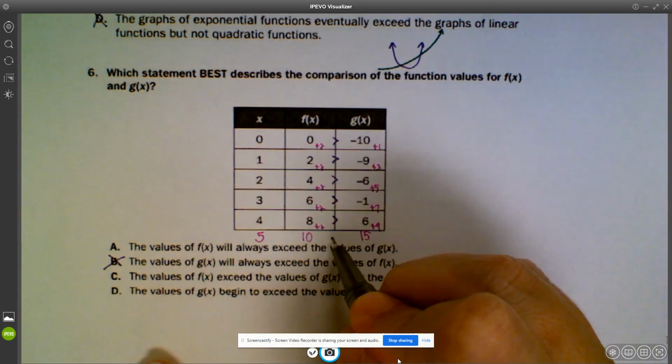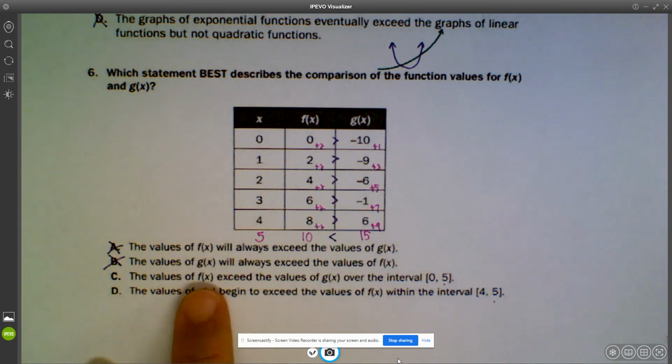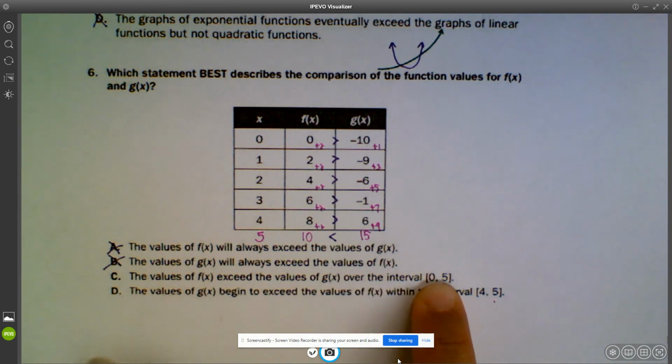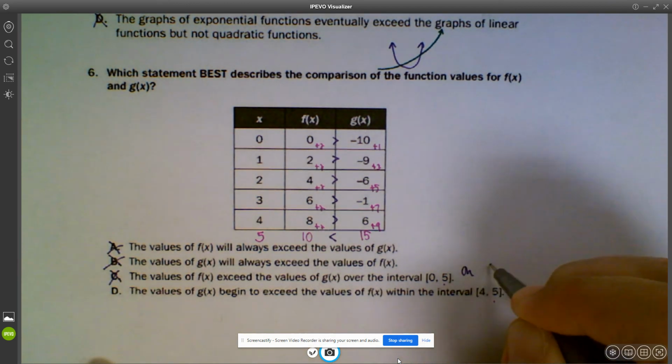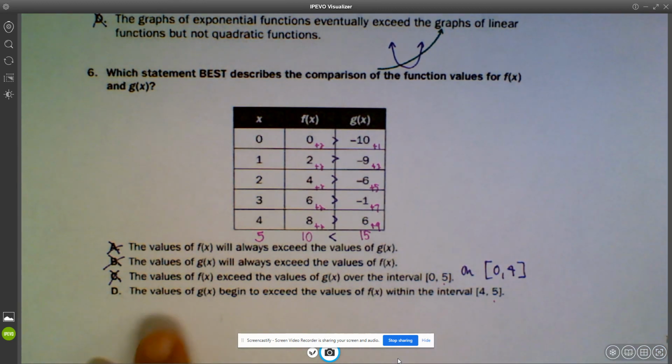When x equals 5, f of 5 is less than g of 5. So I think we can throw out this always now because of that. The values of f of x exceed the value of g of x over the interval 0 to 5? No. It only exceeds on 0 to 4. The values of g of x begin to exceed the values of f of x within the interval?